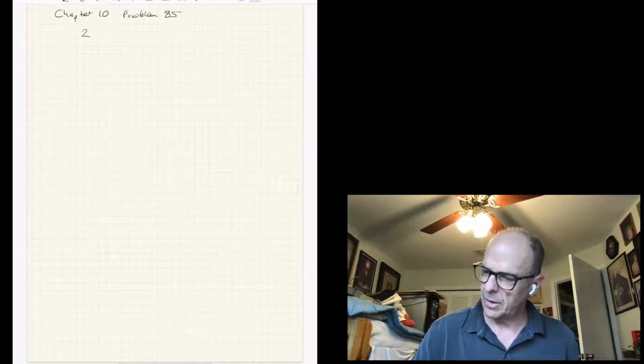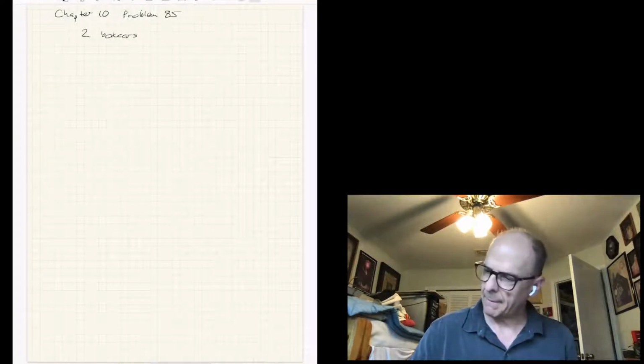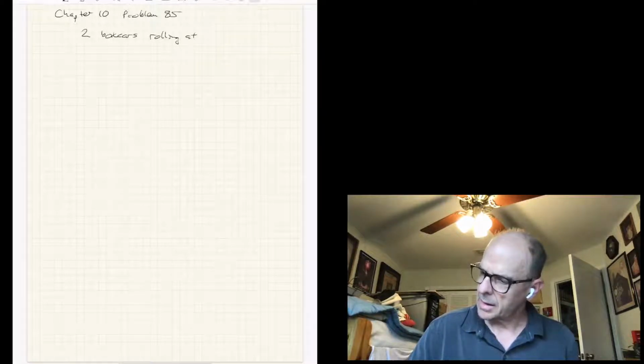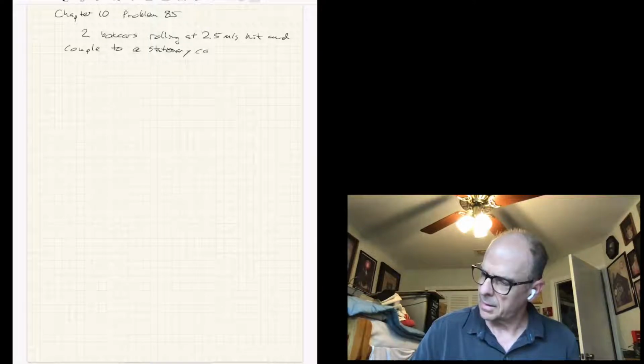So we have two train cars traveling together at 2.5 meters per second, hit and couple to a stationary car of the same mass.